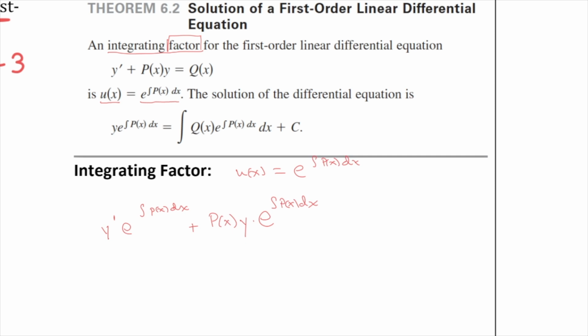So notice I'm just multiplying through. That's going to be equal to q of x multiplied through by e to the integral p of x dx. All right, so notice again, what did I do? I multiplied through by this expression for each part of my problem.